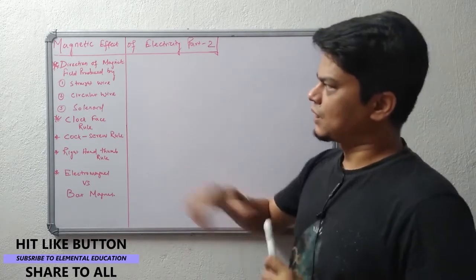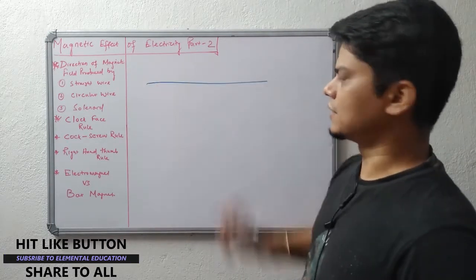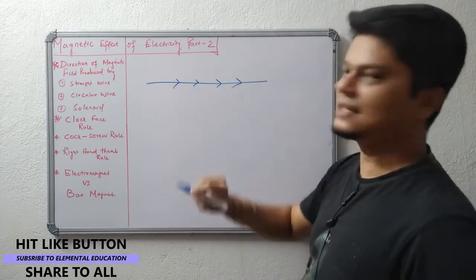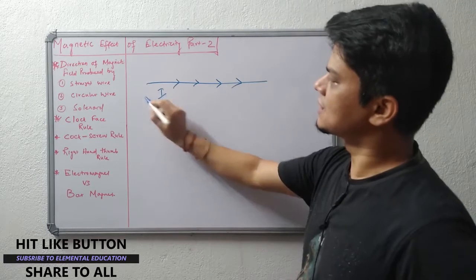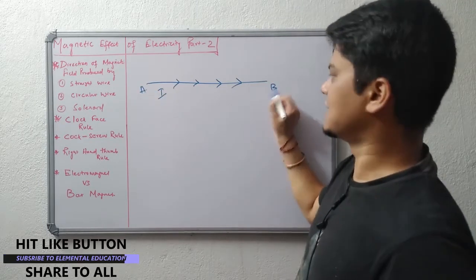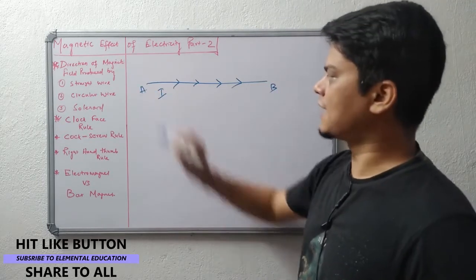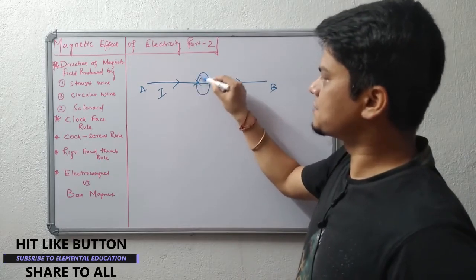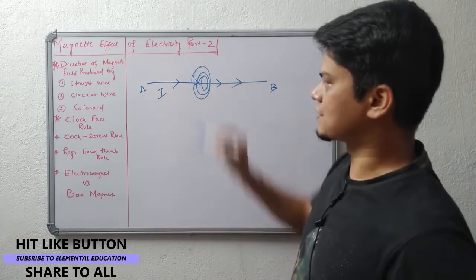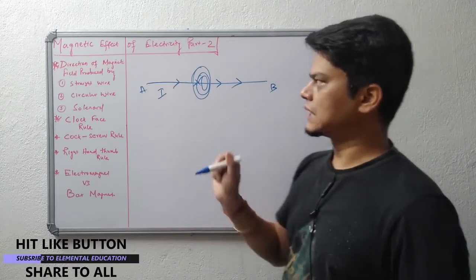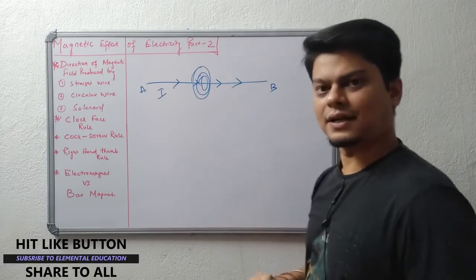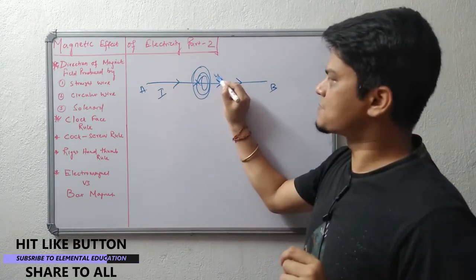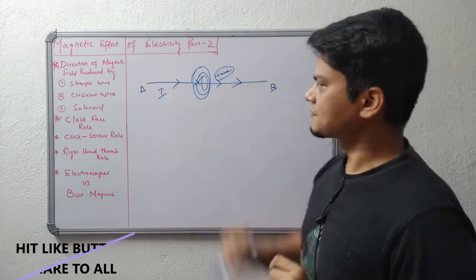I have already told you in my previous video that if there is a current carrying conductor AB, with a current I flowing across it, then there must be some magnetic field produced. We know in our electricity chapter there is always a resistance and heat is produced due to that resistance.